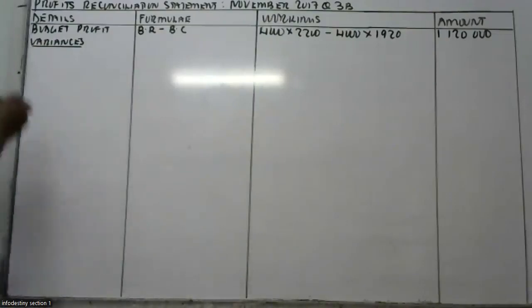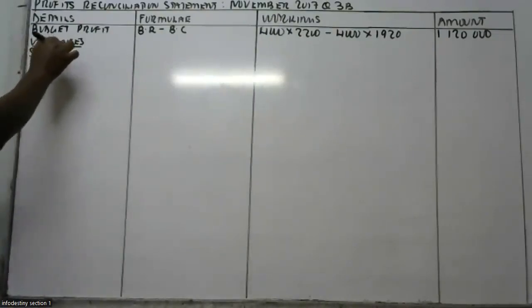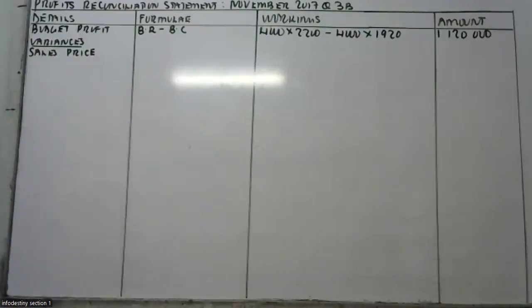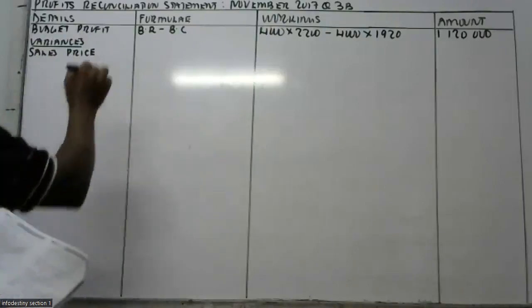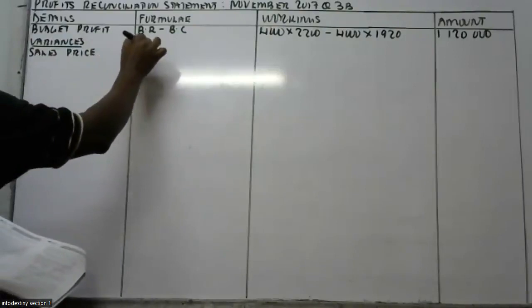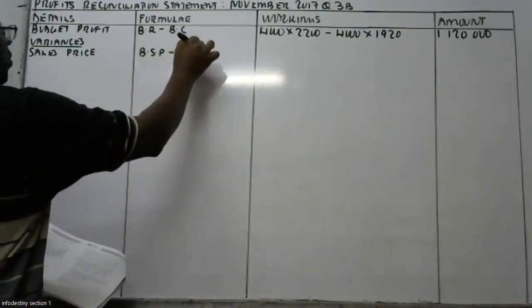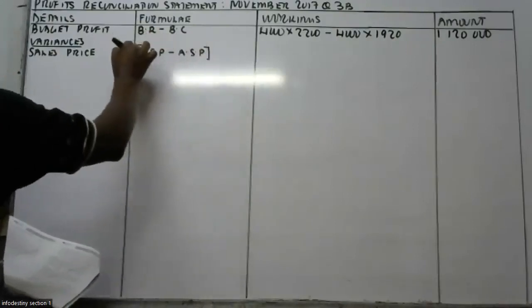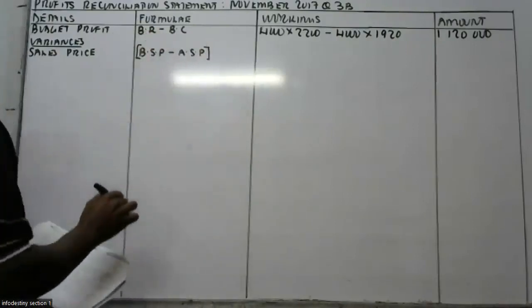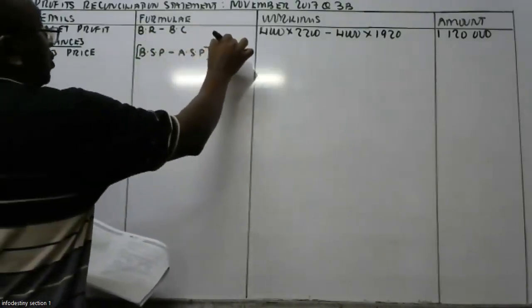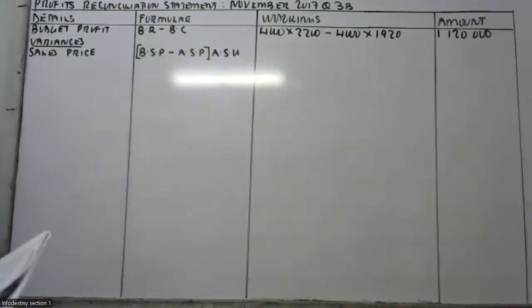So the first one that you bring is sales price. For sales price, I told you it's given as budget selling price minus actual selling price, you multiply by actual sales units.